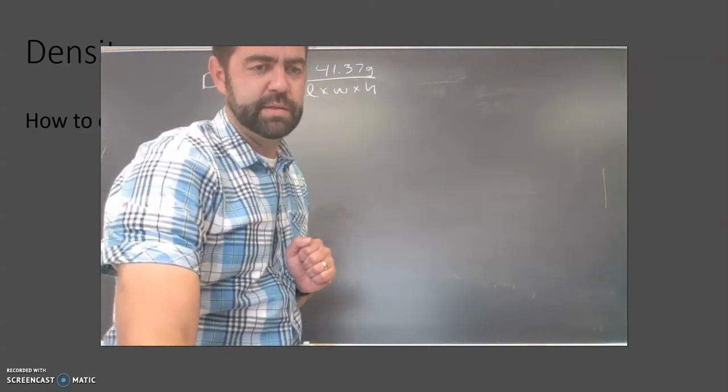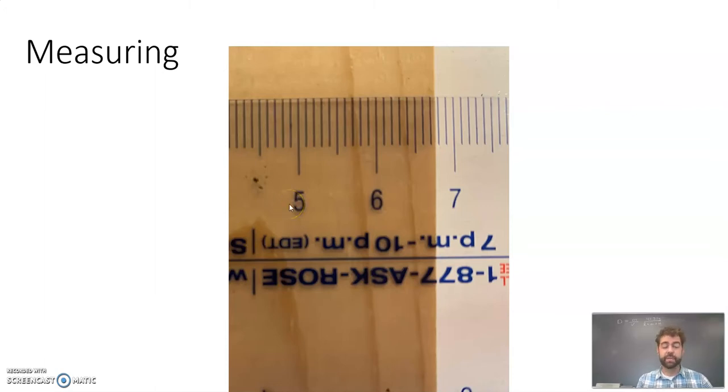But let's take a look again at how we're going to round off and how we're going to have certain digits and uncertain digits. So I took a picture of my first measurement, and this is just going to be the length of the block. If I'm looking at this number right here, I can see that it's definitely between 6 and 7 centimeters. I know for sure it's between 6.7 and 6.8, so I know for sure it's 6.7 something.